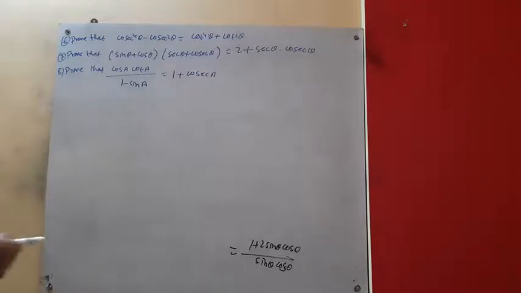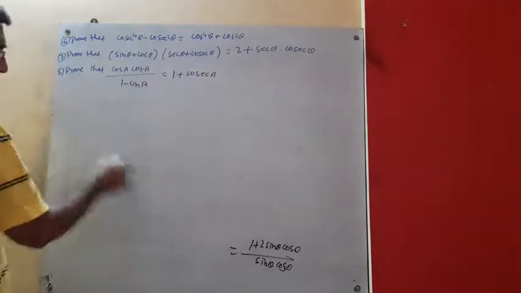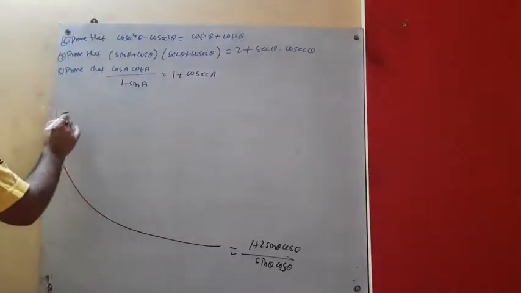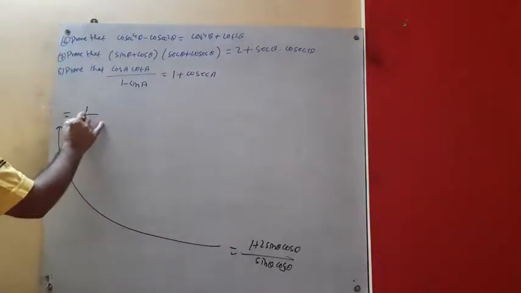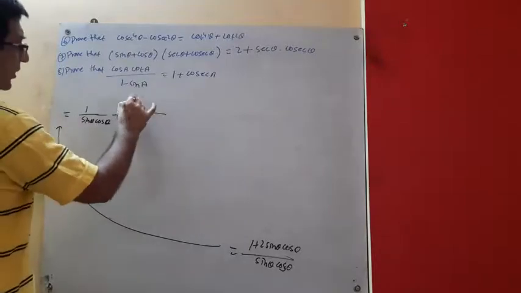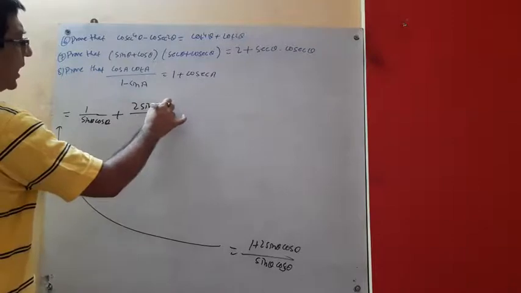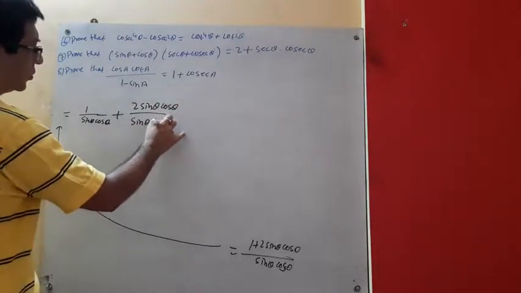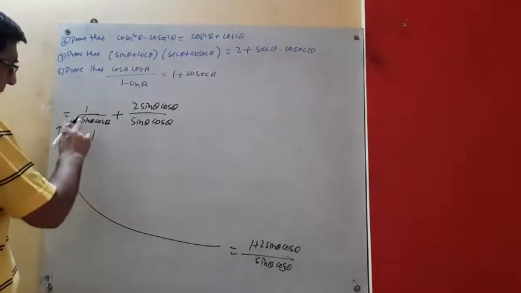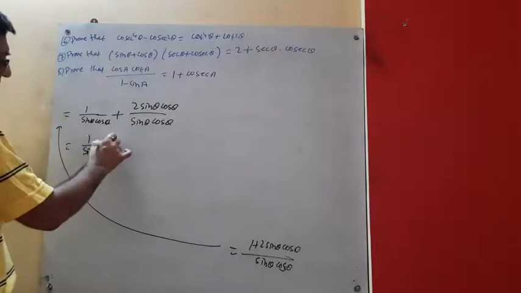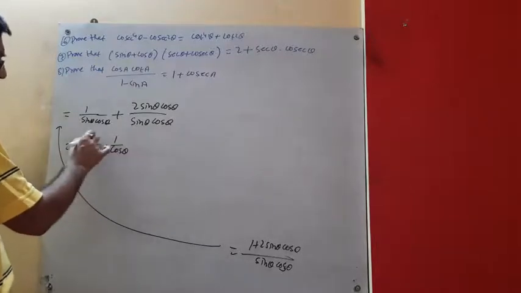Now this is 1 plus this one, that is equal to what we are getting. We can write 1 by sin theta cos theta plus 2 sin theta cos theta by sin theta cos theta. That is equal to 1 by sin theta cos theta, we can write this way, 1 by sin theta into 1 by cos theta, because 1 into 1 is 1.